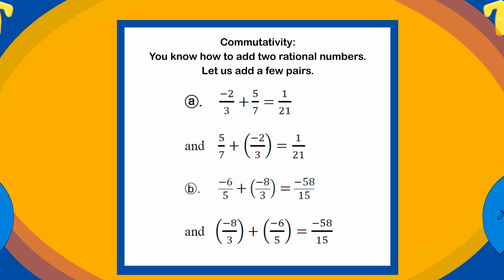Now, I am taking 5 by 7 first plus minus 2 by 3. Then also you can see that the operation gives the answer as 1 by 21. Similarly, second example, minus 6 by 5 plus minus 8 by 3, which is equal to minus 58 by 15.